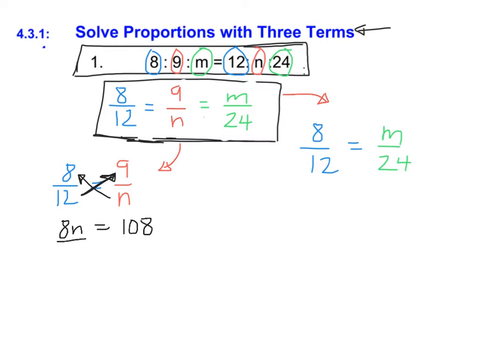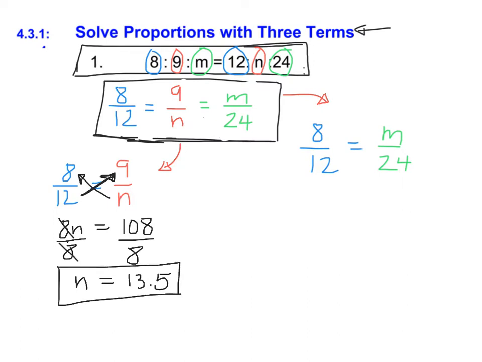Dividing the 8 from both sides, 8 divided by 8 will just leave me with 1n, and 108 divided by 8 is 13.5. Now this is okay to write as a decimal because this is not a repetitive decimal that goes on forever, like the other example that I had in the first page there, from page number 4.